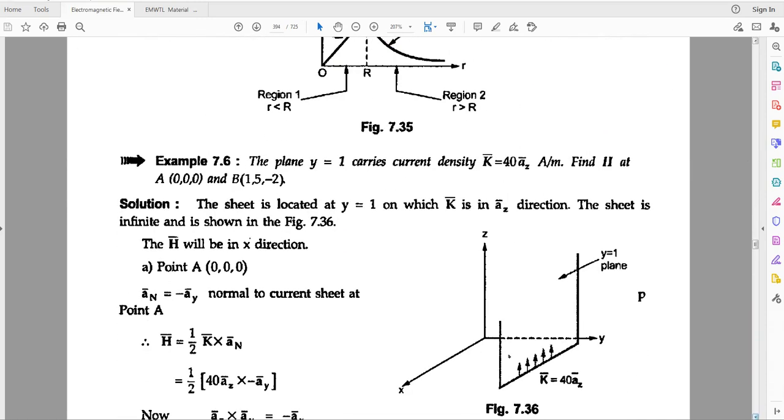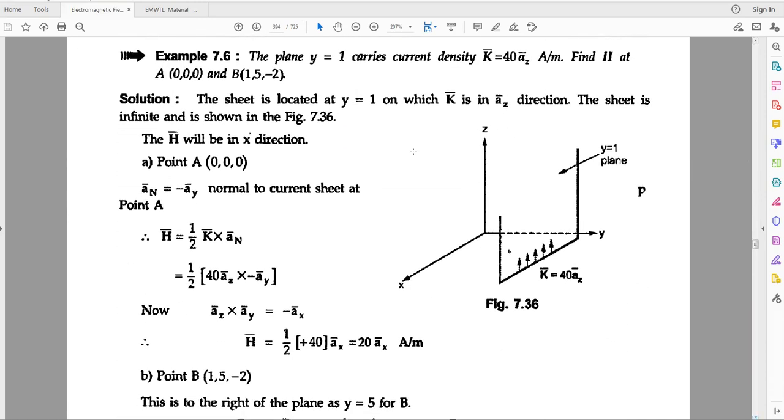And coming to the next example, the plane y is equal to 1 carries a current density. A plane y is equal to 1 means at the point 1, the remaining X value and Z value are 0.